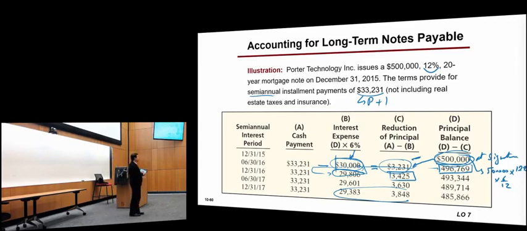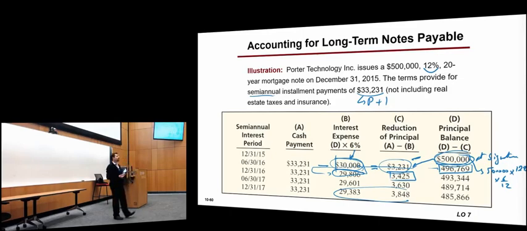Sorry, I said the carrying balance in the principal. And then when we subtract interest expense from the payment, from the semi-annual payment, that will give us the reduction in principal.